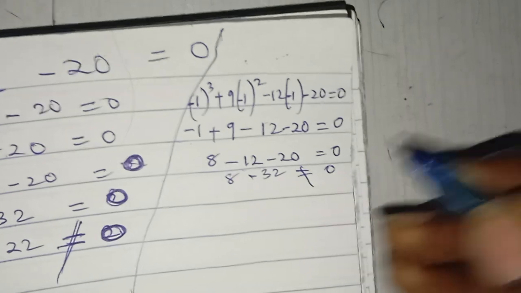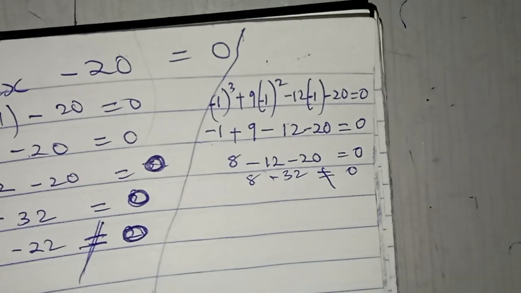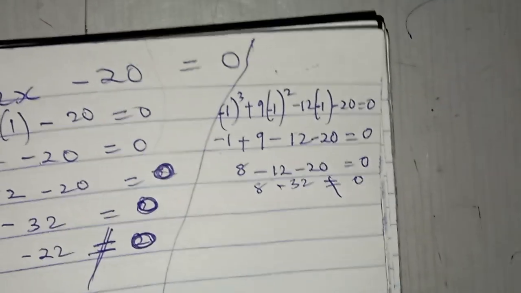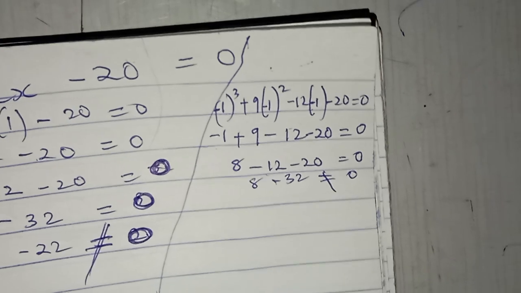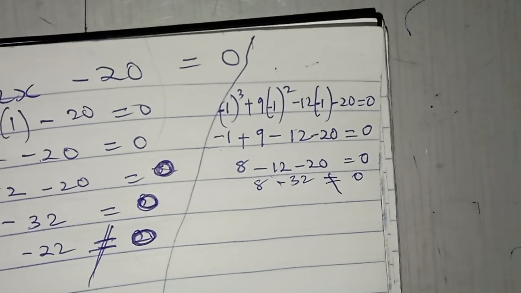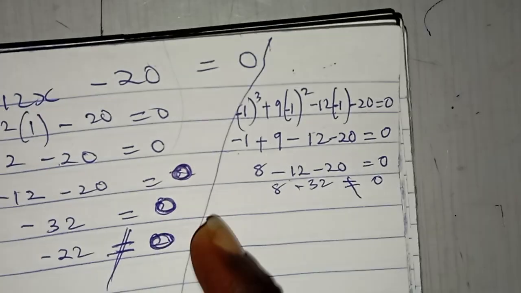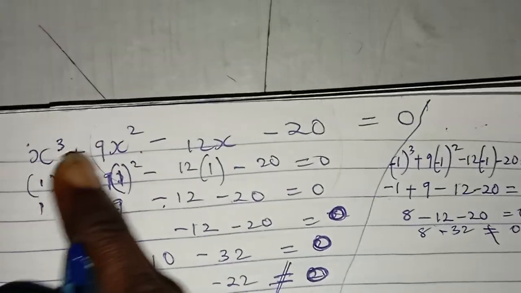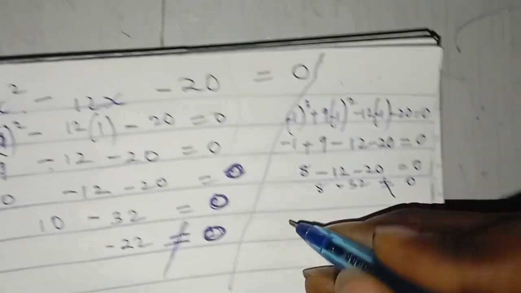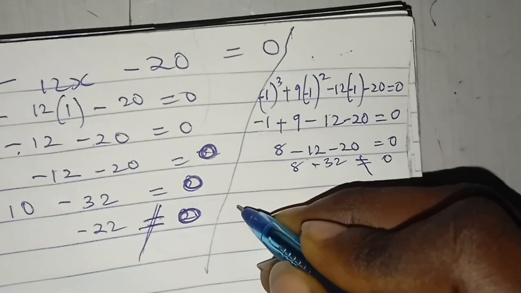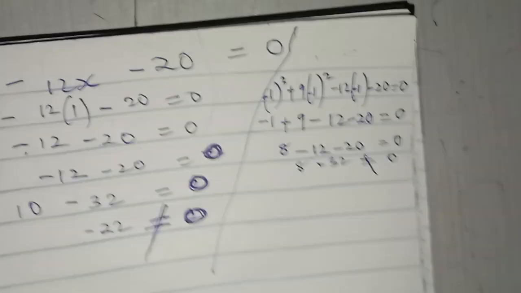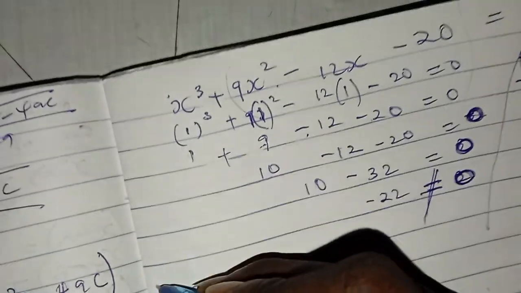So if you do this, it's still not equals to 0. Even though I see that I can actually factorize this. This looks like a cubic equation that can be factorized. But let's not go there first. Let's learn this method first. So let's say I try 2 now. So let's do for 2.